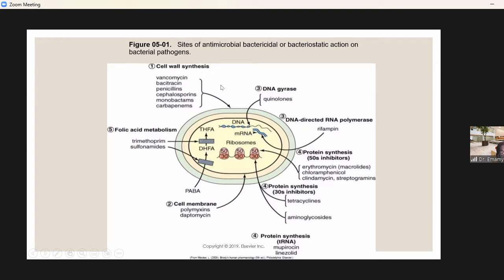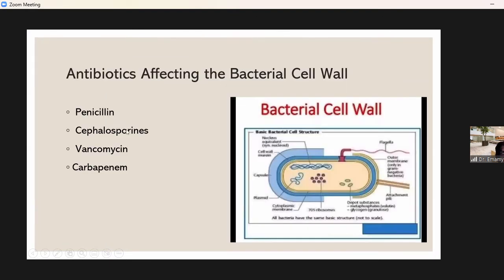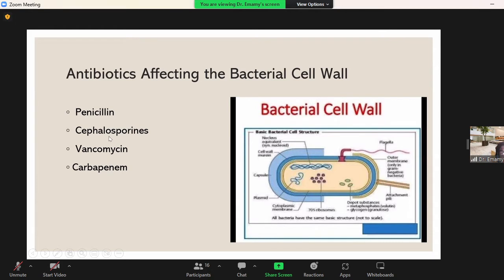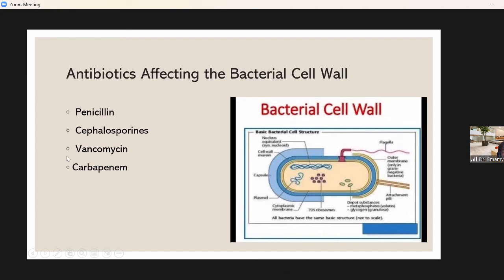That would be penicillins, cephalosporins, vancomycin, and carbapenem. So almost all famous antibiotics. Penicillins, all cephalosporins, vancomycin, that is specifically important for treatment of methicillin-resistant Staph aureus, and carbapenem, like imipenem cilastatin.